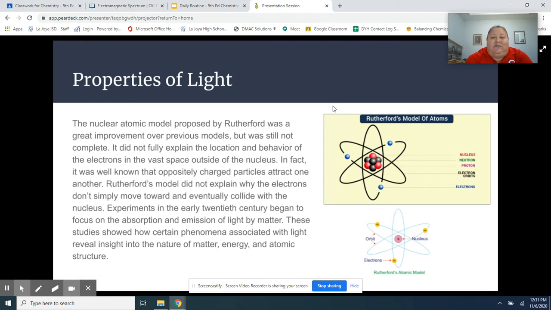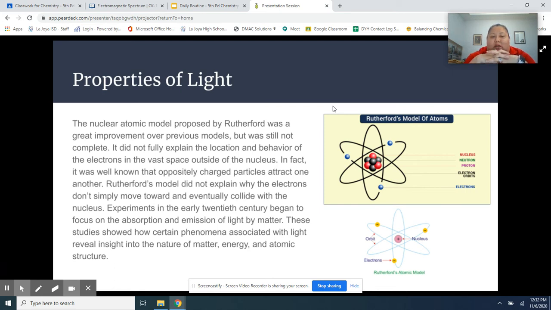It did not fully explain the location and behavior of the electrons in the vast space outside of the nucleus. In fact, it was well known that oppositely charged particles attract to one another, right? So what we know right now is anytime I have a positively charged atom because it lost electrons, and anytime I have a negatively charged atom that gained an electron, there's going to be an attraction that usually brings these atoms together.